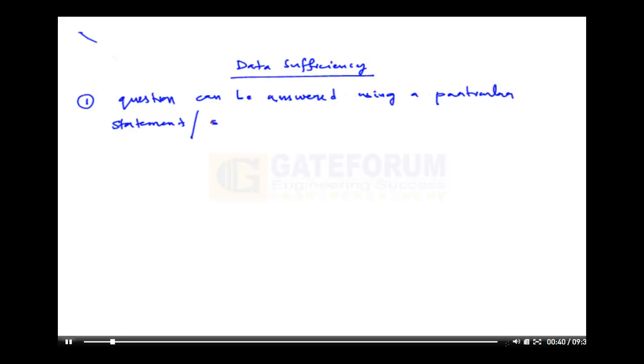The questions in data sufficiency should be solved by keeping in consideration the following points. The first one is the question should be answered using a particular statement or statements only if the answer is unique.